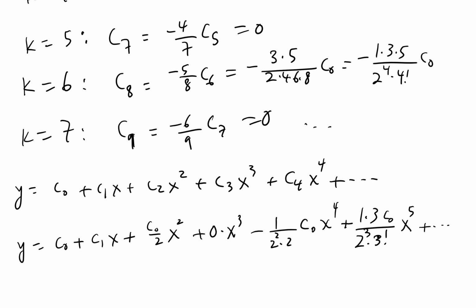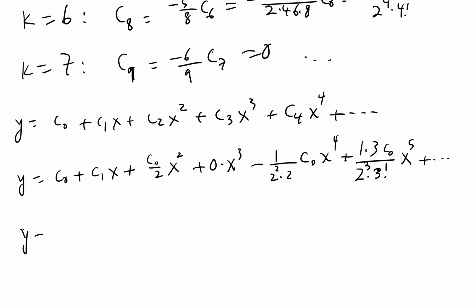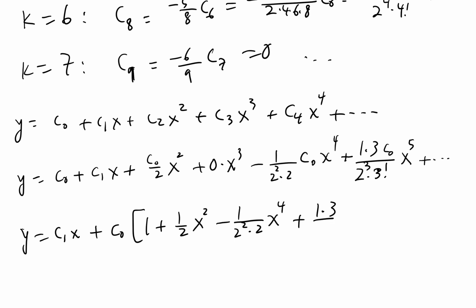Now there's only the c1x term, so let's put it out. Take c0 out, that'll give us 1 plus 1 half x squared minus 1 over 2 squared times 2 x to the 4th plus 1 times 3 over 2 to the 3rd times 3 factorial x to the 5th plus and so on. So I expect you to get to this point on an exam. Even if you don't want to write the general solution as I did earlier, that's okay.